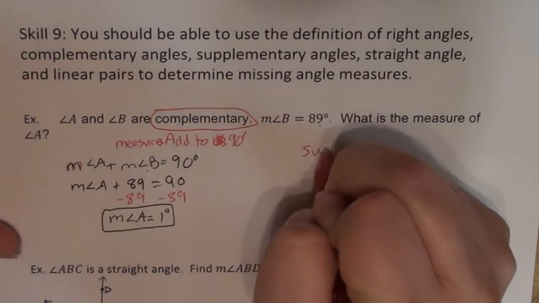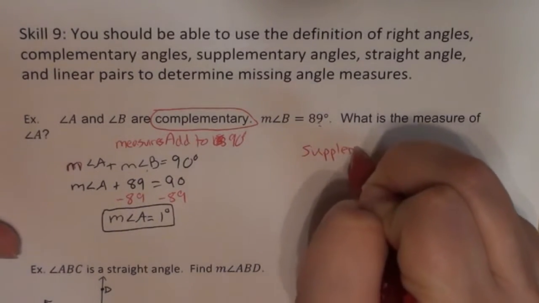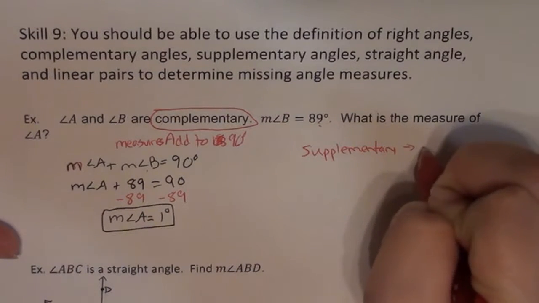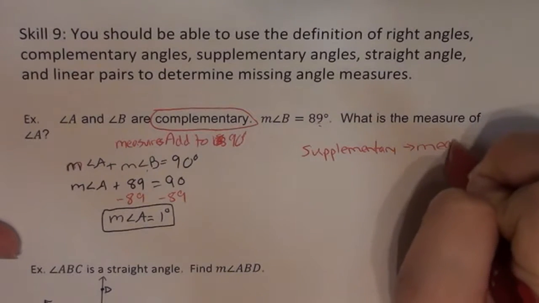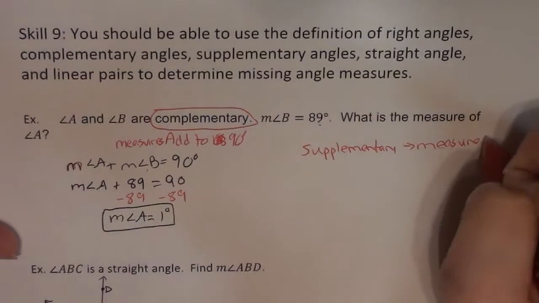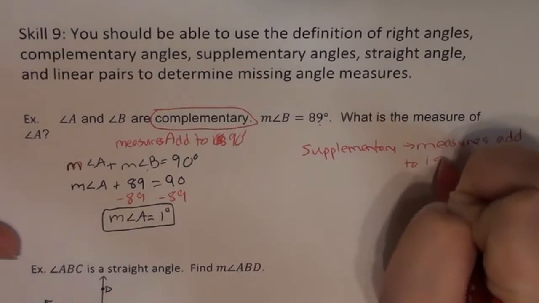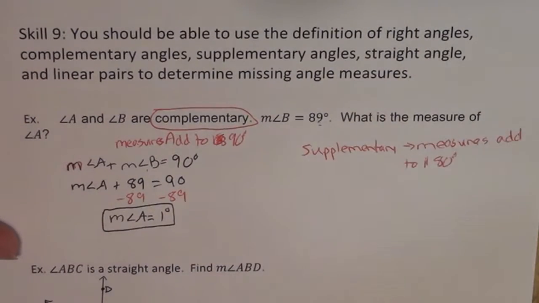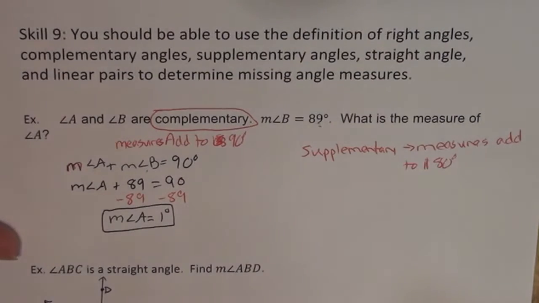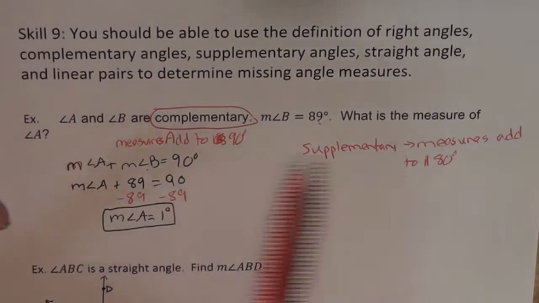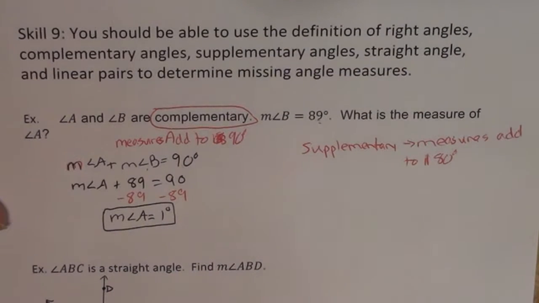Supplementary means their measures add to 180 degrees. Very similar, solved the same way. The only difference is complementary they add to 90 and supplementary they add to 180.